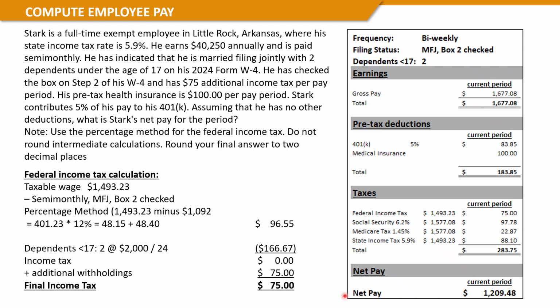So the final step is to calculate the net pay, which is $1,209.48. I hope you enjoyed this video and it helped you understand the concept of calculating the net pay of an employee's paycheck.